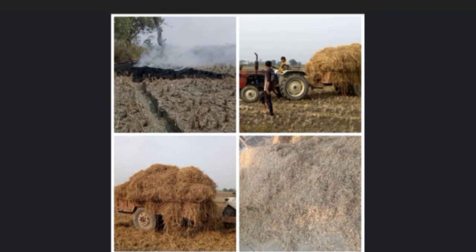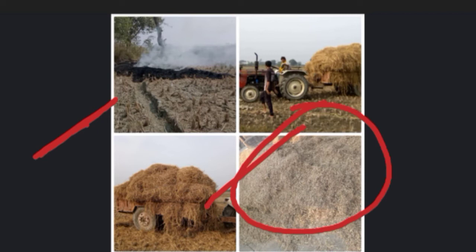After 24 hours, I took a diesel engine machine and chopped all this paddy straw into 1 to 2 centimeter pieces. This is up to about 100 kg.